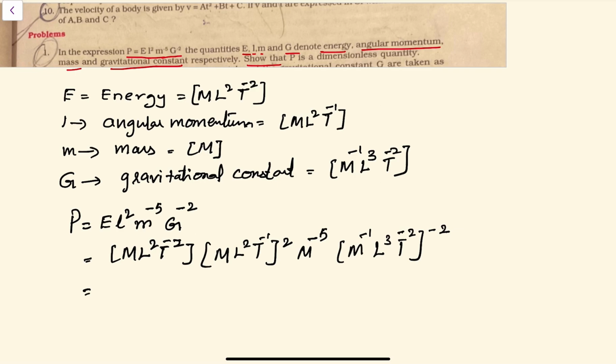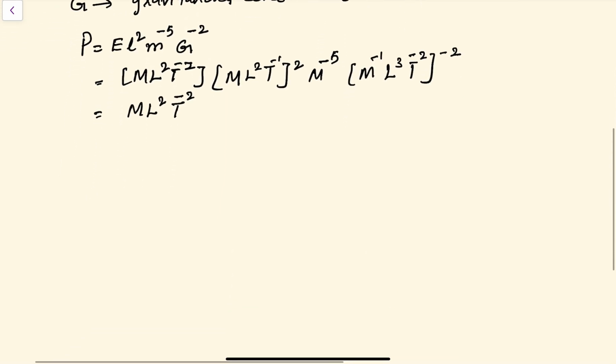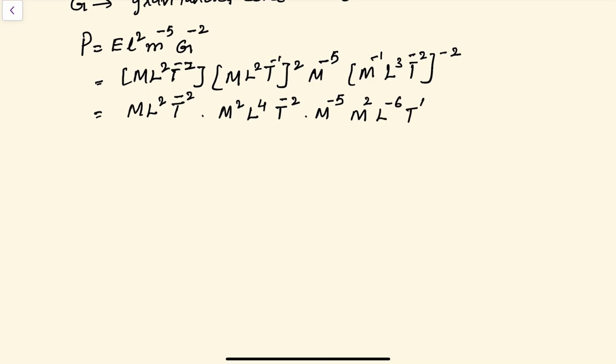So let us elaborate it. M L square T minus 2, M square L power 4 T power minus 2, M power plus 2 L power minus 6 and T power 4.